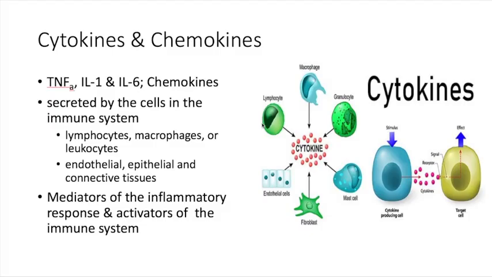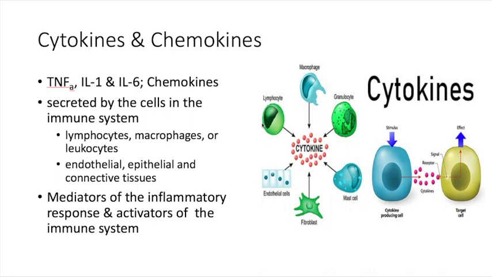Next up are cytokines and chemokines. So we have a couple different ones. The cytokines are tumor necrosis factor and interleukin 1 and 6. Tumor necrosis factor and interleukin 1 serve critical roles in leukocyte recruitment by promoting adhesion of the leukocytes to the endothelium and then migration through the blood vessels. So very important there.